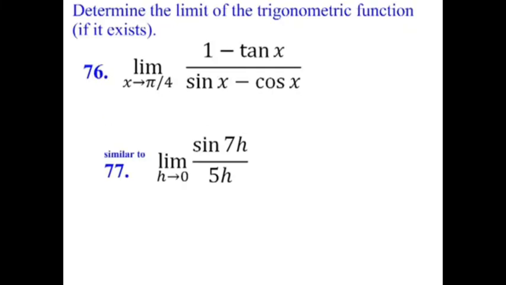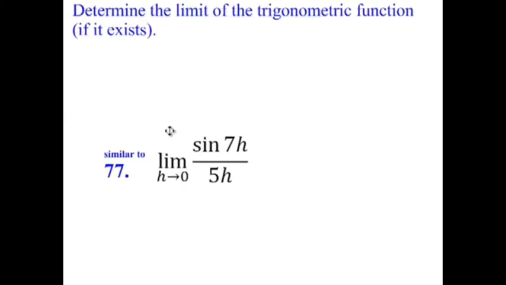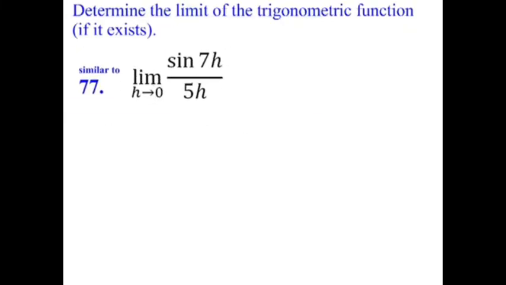Now, this is a common question which is asked both in NCERT as well as CBSE exams or competitive exams also, right? So, let us see how to solve this question. That is, question is limit h tends to 0 sin 7h divided by 5h.